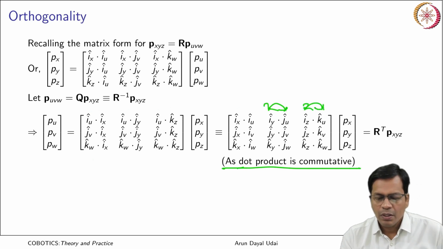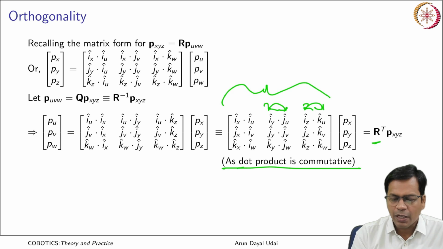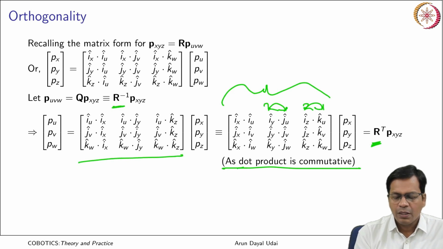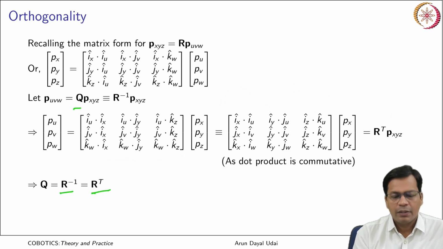Okay, and what I found here is this, essentially this matrix is R transpose. So what I found here, I started with taking inverse of rotation matrix. I just rearranged it assuming dot product to be commutative, and I got to R transpose. That means Q is equal to R inverse is equal to R transpose.